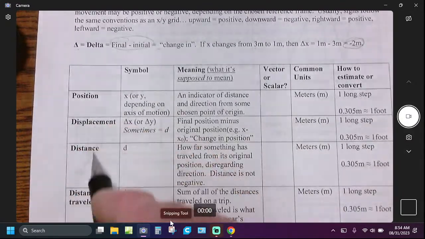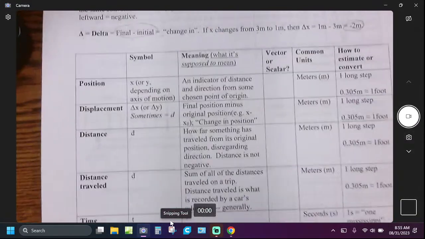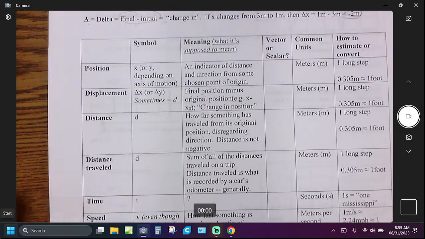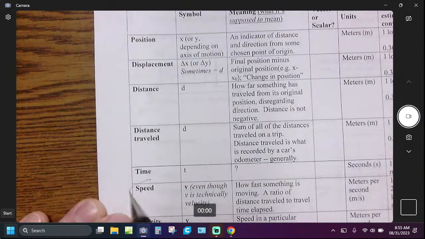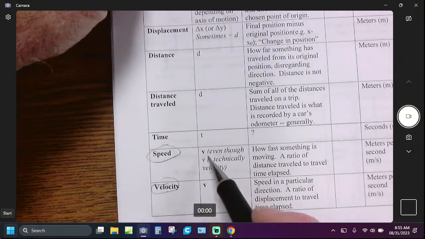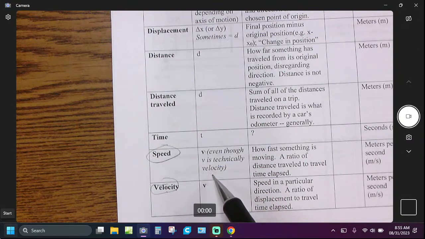These are some of the variables we'll be dealing with, and these are the symbols for them. It's kind of confusing, and you just need to know that in physics you have to be flexible sometimes, because we'll say speed and mean something really specific, and we definitely don't mean velocity, but we use v for both of them because s is already seconds.